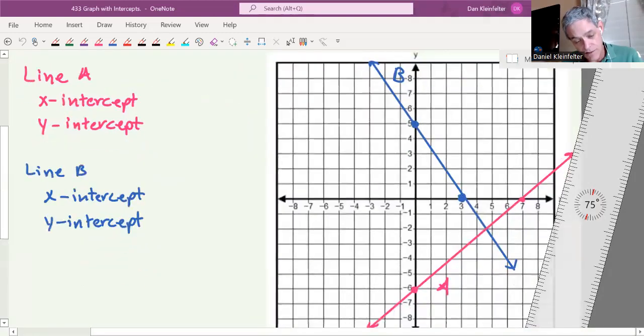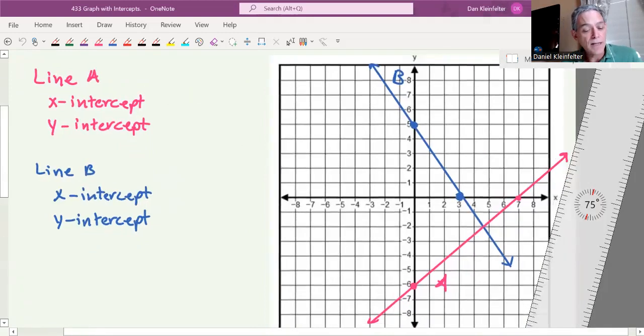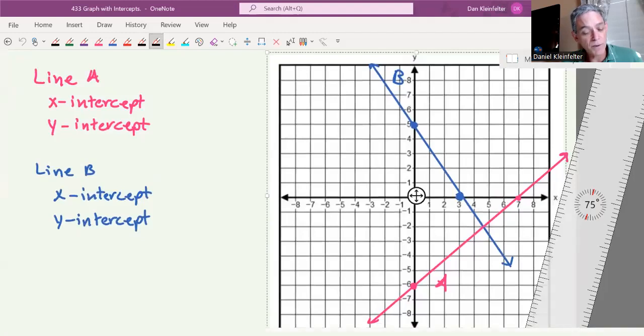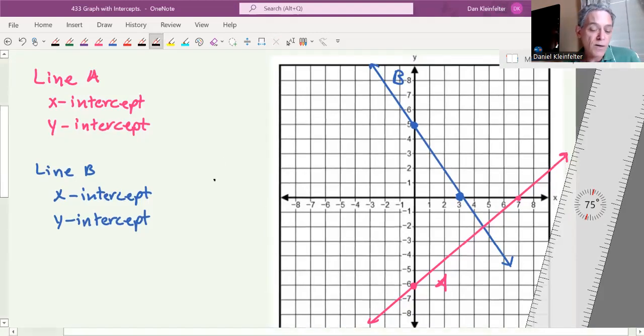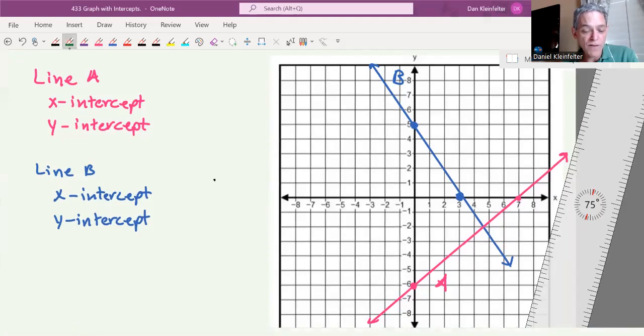So taking a look at the two pictures we have here, line A is going to be shown in pink, line B will be shown in blue. We want the x-intercept for line A first. So the x-intercept is going to be the point where the graph intercepts or crosses into the x-axis.